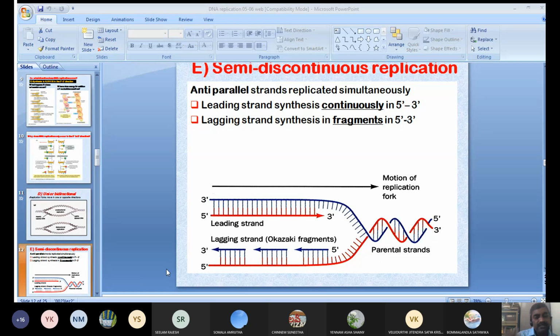When it provides the 3 prime OH group, automatically DNA polymerase, here it is, can recognize it and continue. So up to here it will continue, and then unwinding takes place, and when it reaches here, again these nucleotides are recognized by the primase, and it synthesizes a small stretch of RNA nucleotides, which provides the 3 prime OH group for the DNA polymerase, and then it will continue.